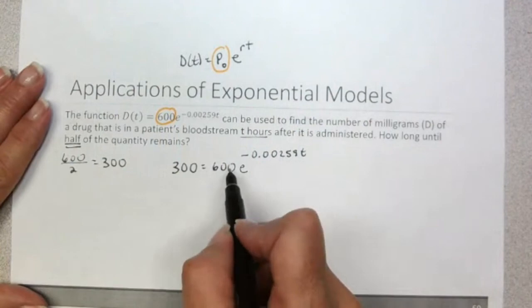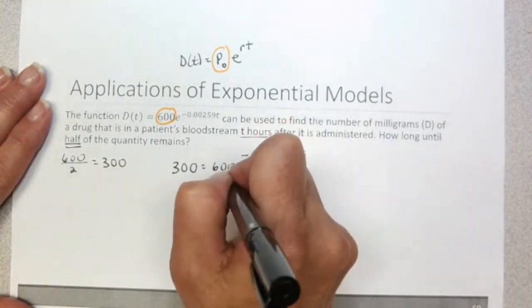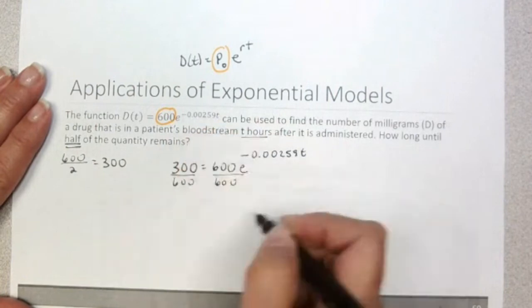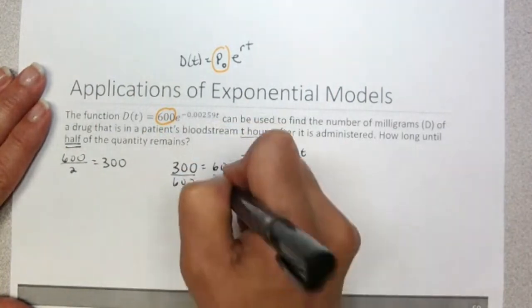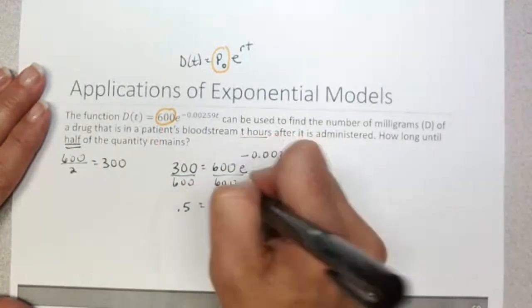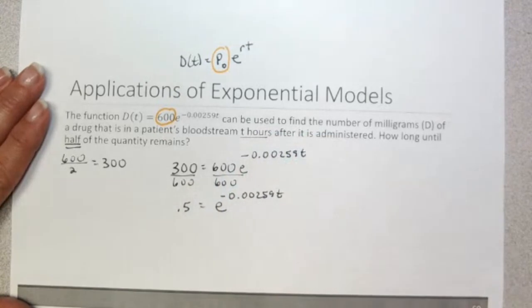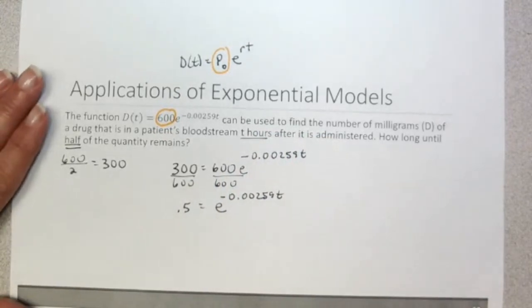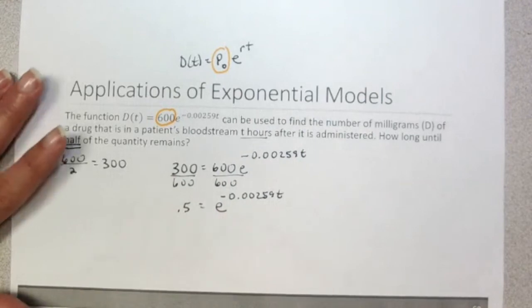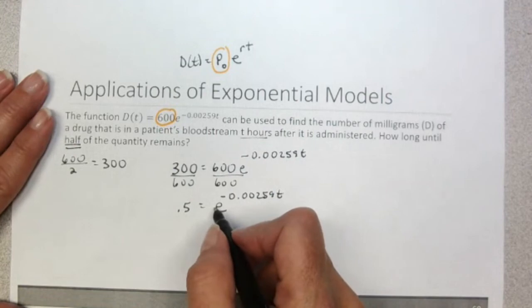I've got this coefficient I need to get rid of, so let's divide both sides by 600. Then 0.5 is equal to e to the negative 0.00259 t. I could take the log of both sides, that works as well, but I'm just going to convert that to log form because I know it's base e, so I'm not going to have to use the change of base formula.